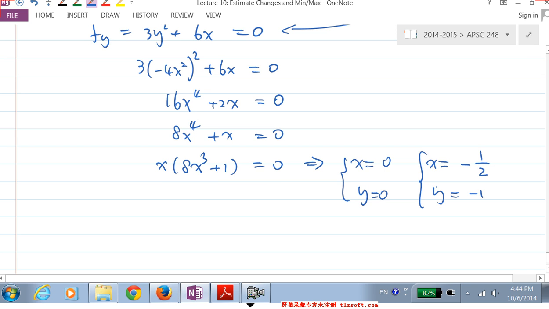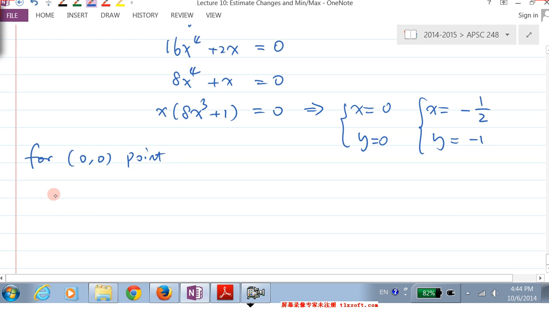Then the next step is to use theorem number 2 now, the second derivative test. For the 0, 0 point, what is the fxx value? What is the fyy value?